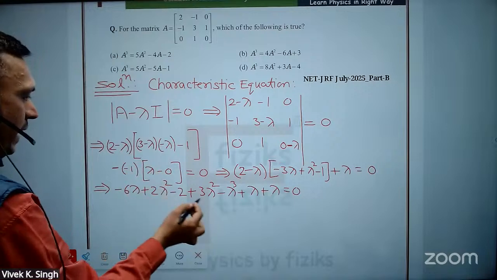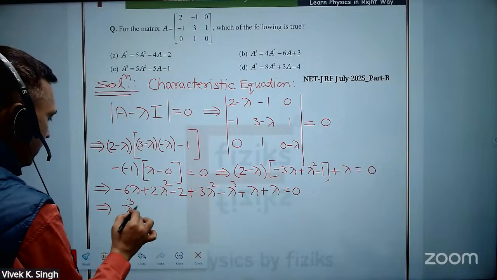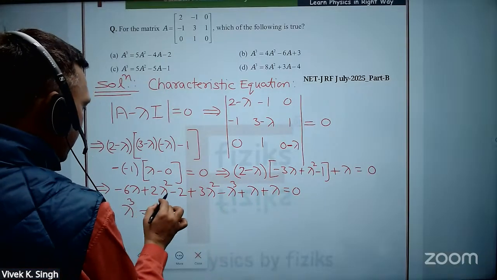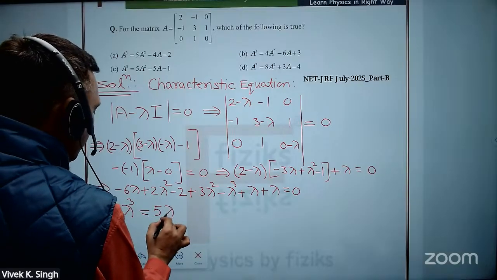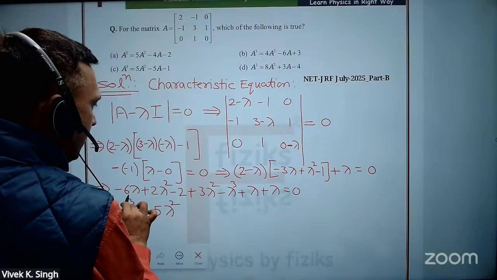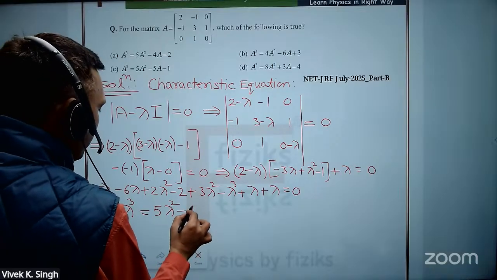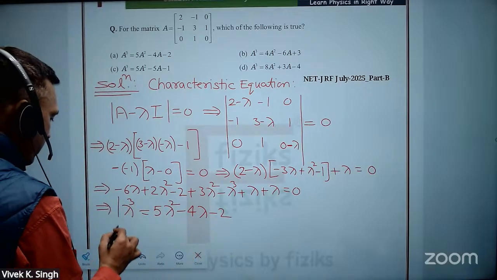Because it is written in a cube, let's write lambda cube only. Let's put it on the right side. So you get 2 lambda square plus 3 lambda square, which is 5 lambda square, minus 6 lambda plus lambda, so minus 5 lambda, and you have minus 2. So this is your characteristic equation.